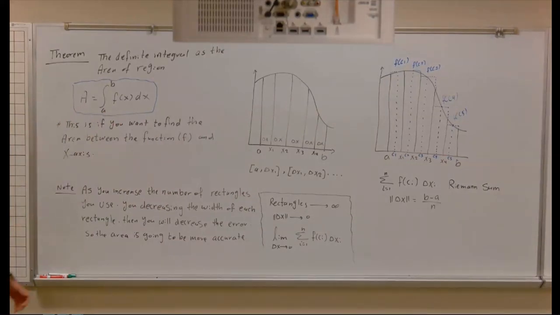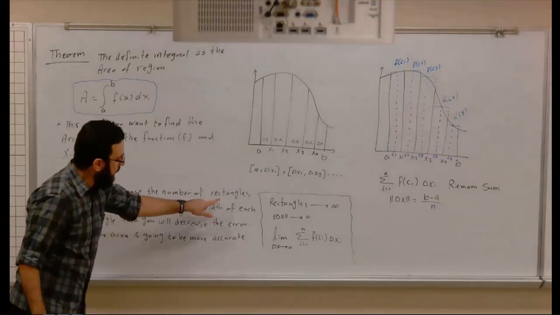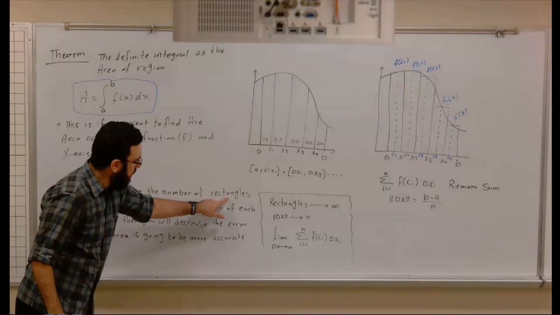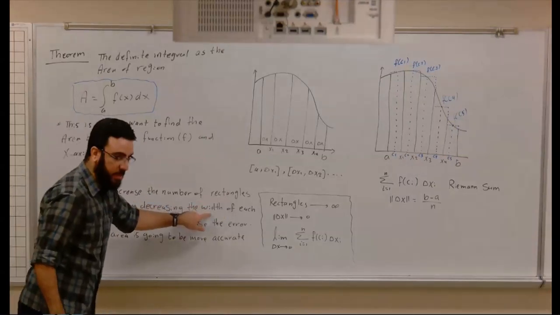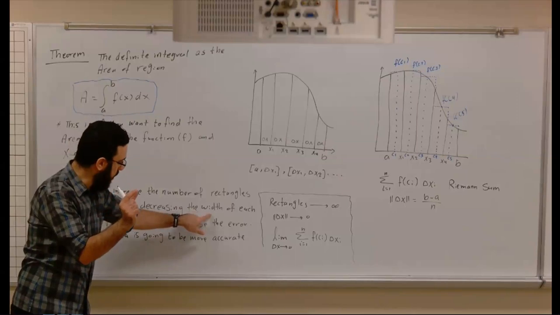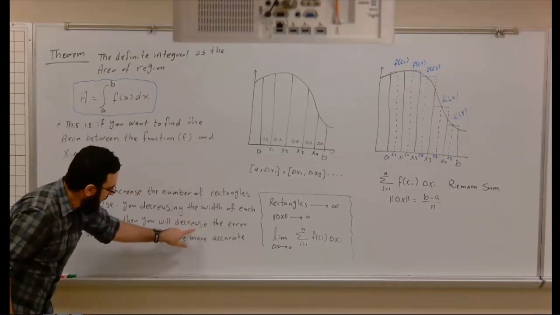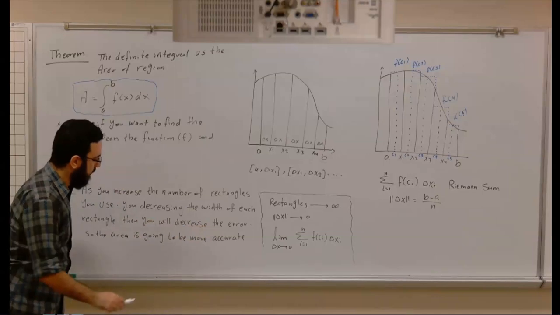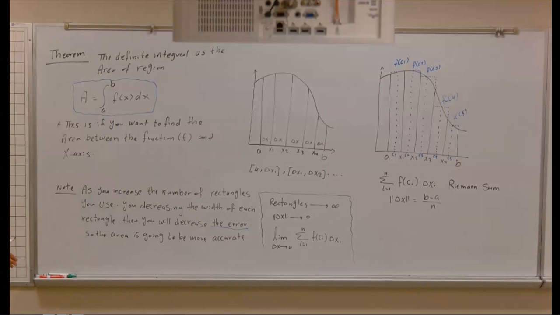See what it says here? As you increase the number of rectangles, you decrease the width, of course, because the width of each rectangle is going to be smaller. Then you will decrease the error, and that's our goal. We need to decrease the error, so we approach the exact area, so the area is more accurate.